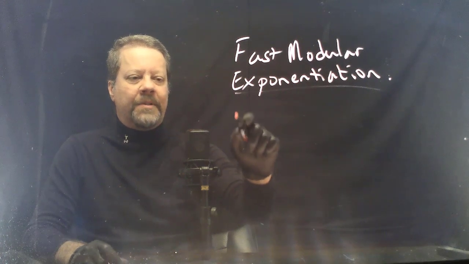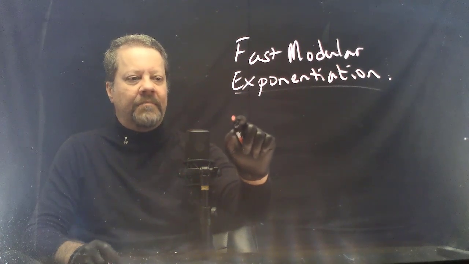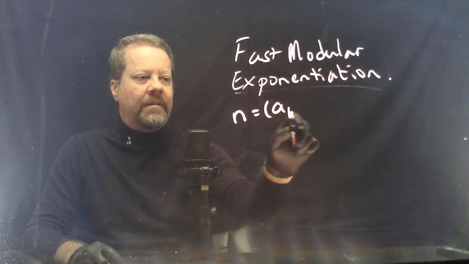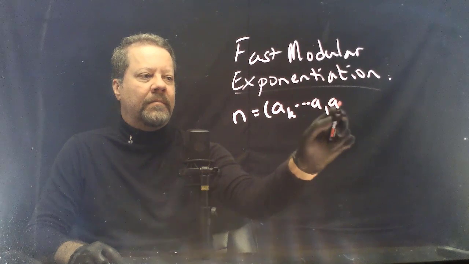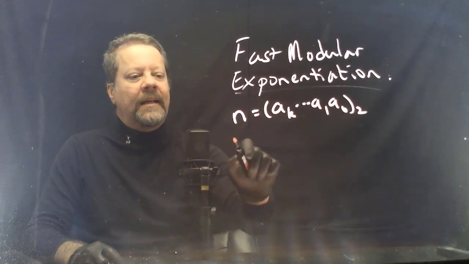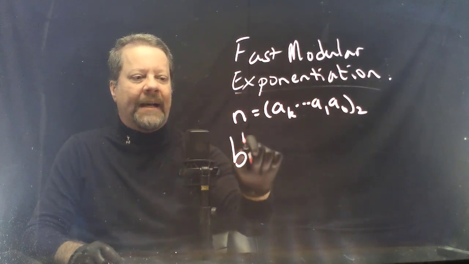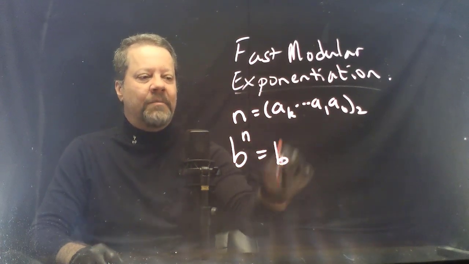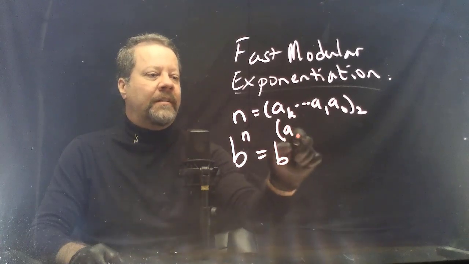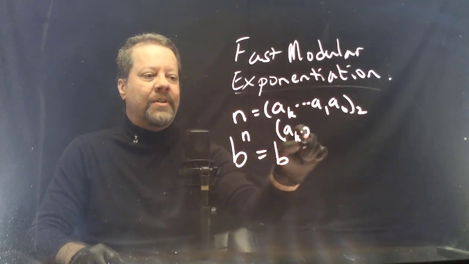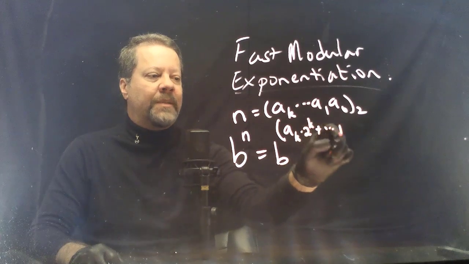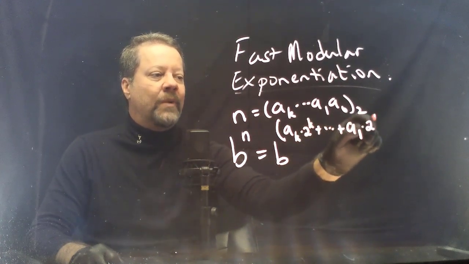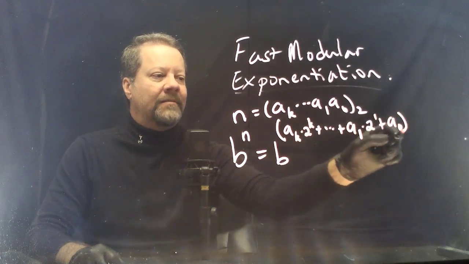For this purpose, suppose we have some number n, which has a binary representation like this, and let's try to calculate b to the power of n. Then that will literally be b to the power of a_k times 2 to the k plus a whole bunch of other terms terminating in the sequence a_1 times 2 to the 1 plus a_0.